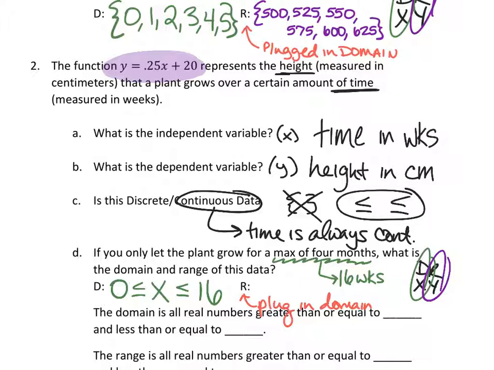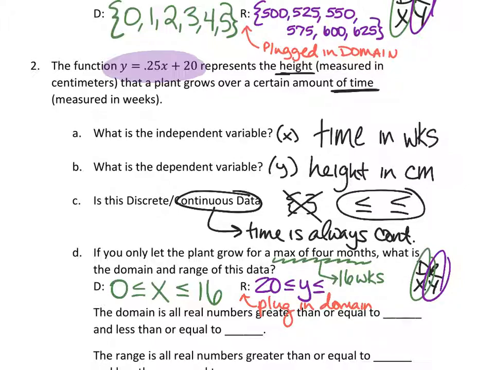If I plug 0 into that equation, 0.25 times 0 is 0. 0 plus 20 is 20. So how tall was my plant when I planted it? 20 centimeters. Cool. And I'm going to let it grow for 16 weeks.